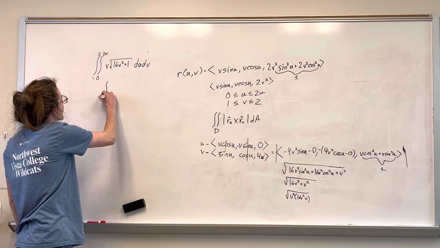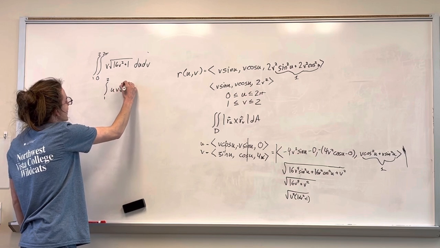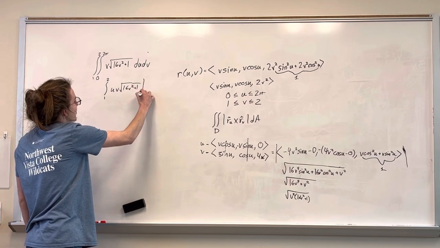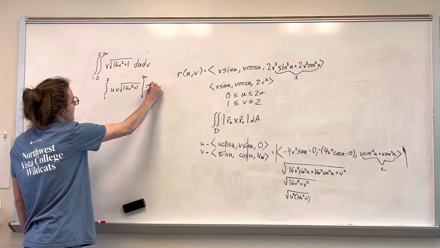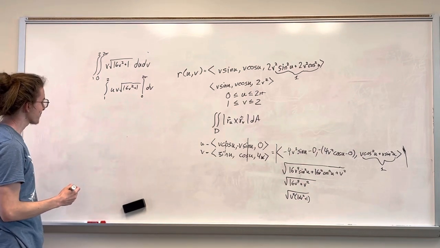So 1 to 2, u v square root of 16 v squared plus 1 from 0 to 2 pi dv. Now if you see it's a 0, so that's just going to wipe it out.